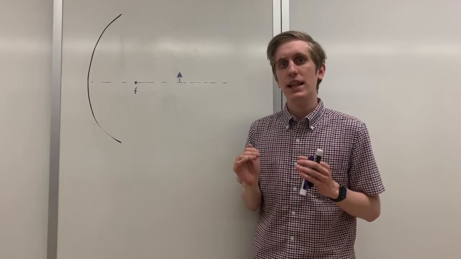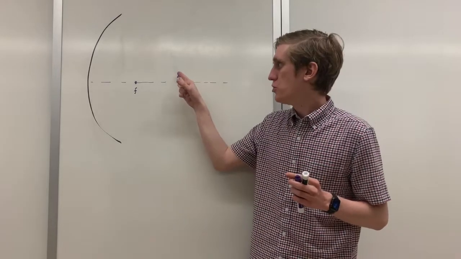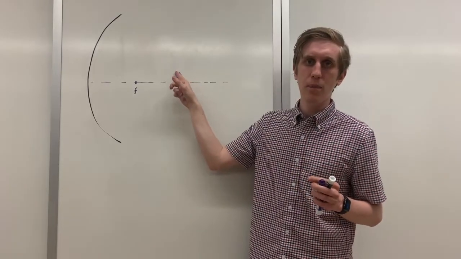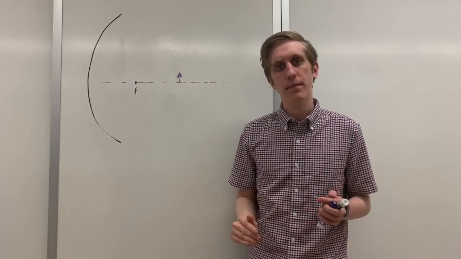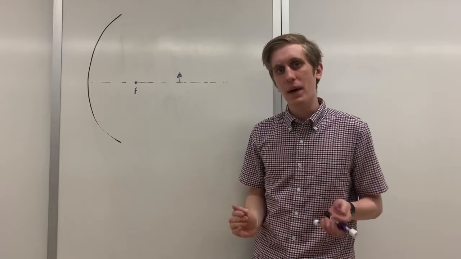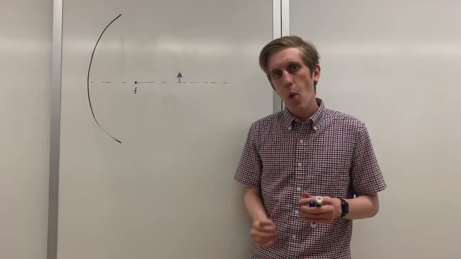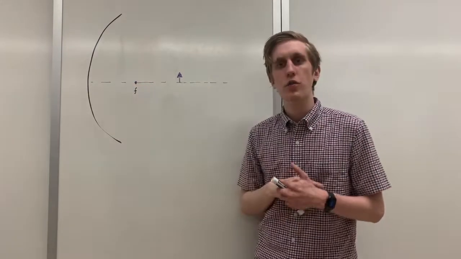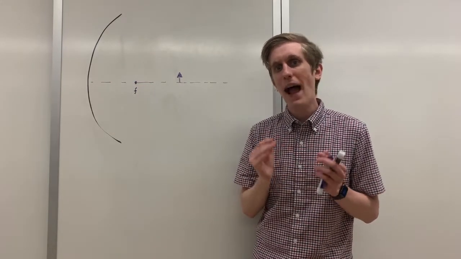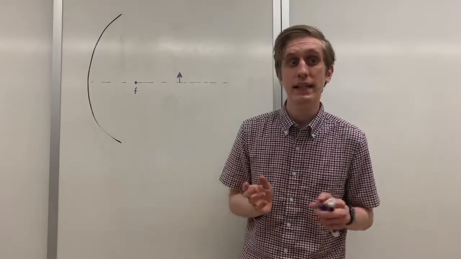For example, let's consider the light ray that bounces off the top of this arrow and passes directly to the mirror horizontally. We want to know where that light ray goes. Well, we've already said that horizontal light rays always bounce off through the focal point. So the path of this light ray will look like this.